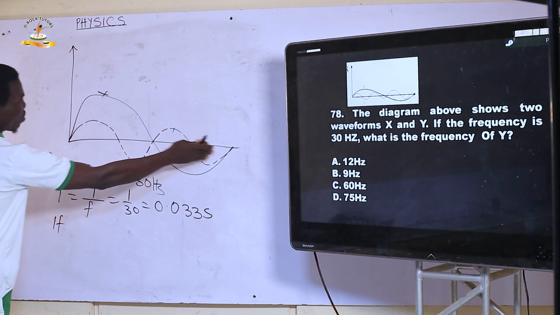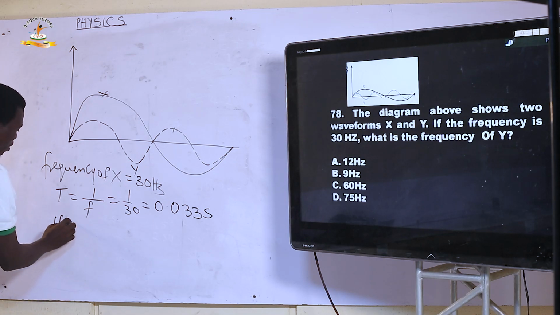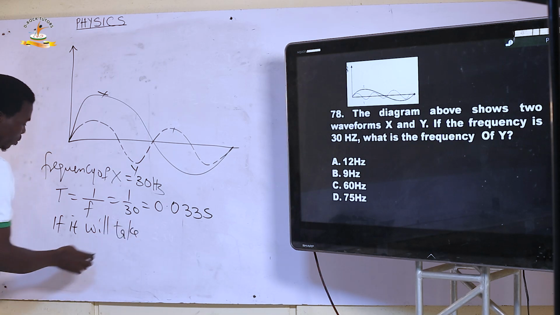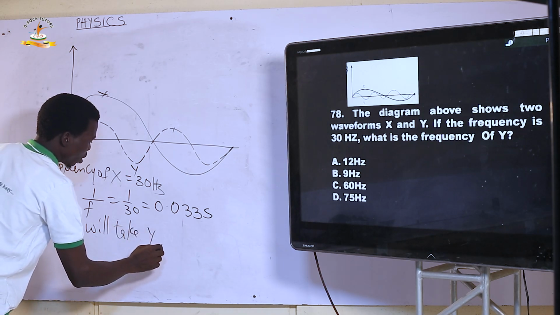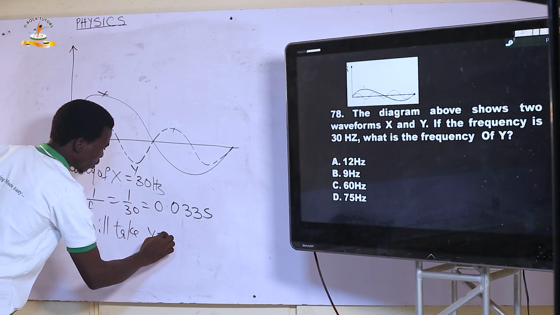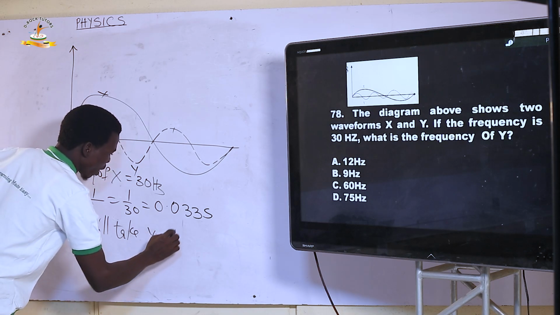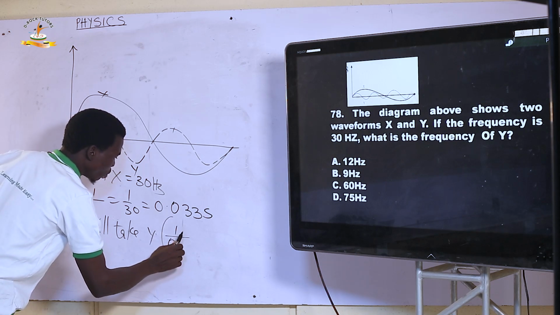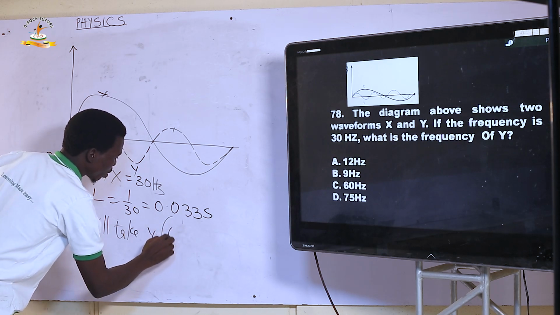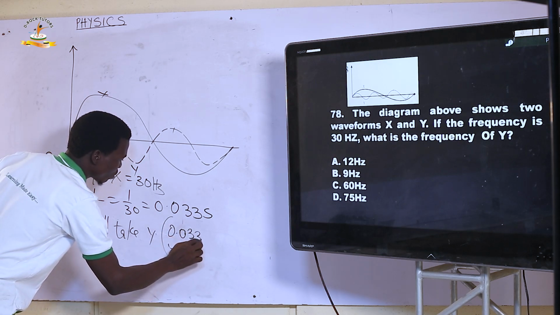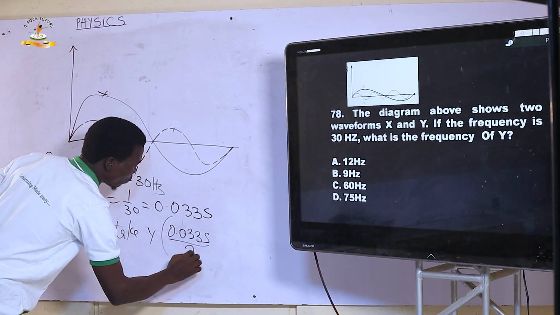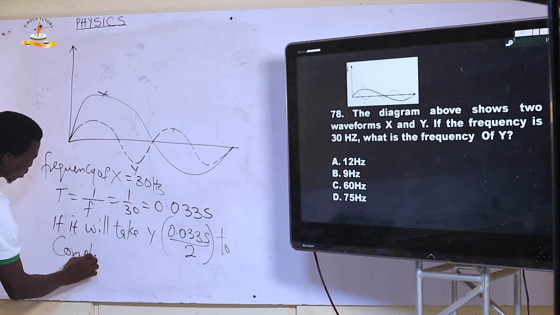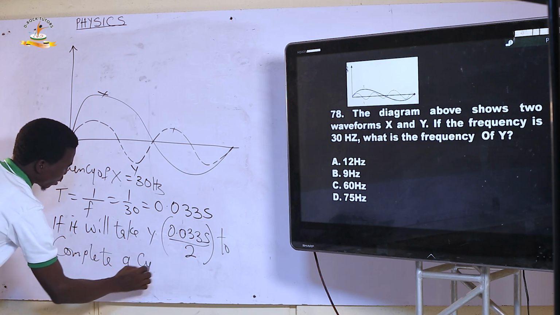For one circle, because it is at the same time on the axis, it will take y 0.033 seconds divided by 2 to complete a cycle.